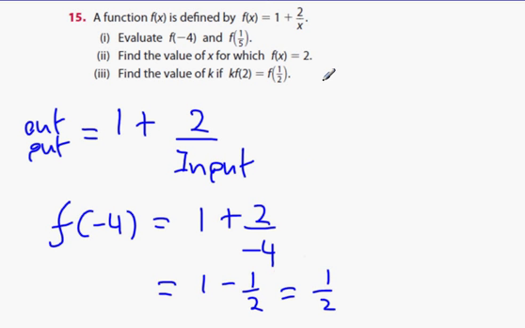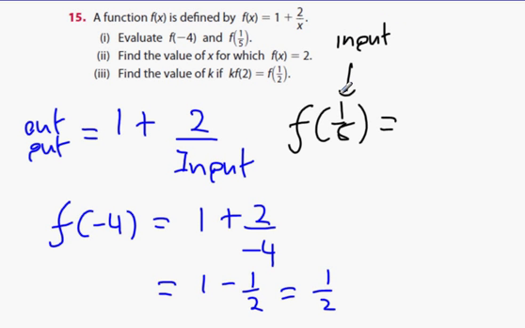What about f of a fifth? What's the input this time? Lads, f of a fifth, what's the input? The input is always the one that goes beside in the brackets. What's the input? A fifth. Let's find the output then. It's going to be 1 plus 2 divided by a fifth.